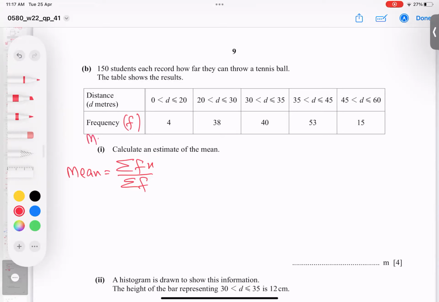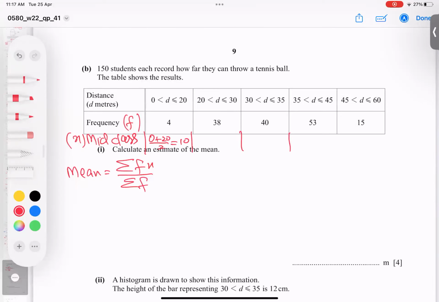Here I write mid class, represented by x. How to find it? Add them, divide by 2. Like I showed once, 0 plus 20 is 20, divided by 2, I got 10. This is called mid class.